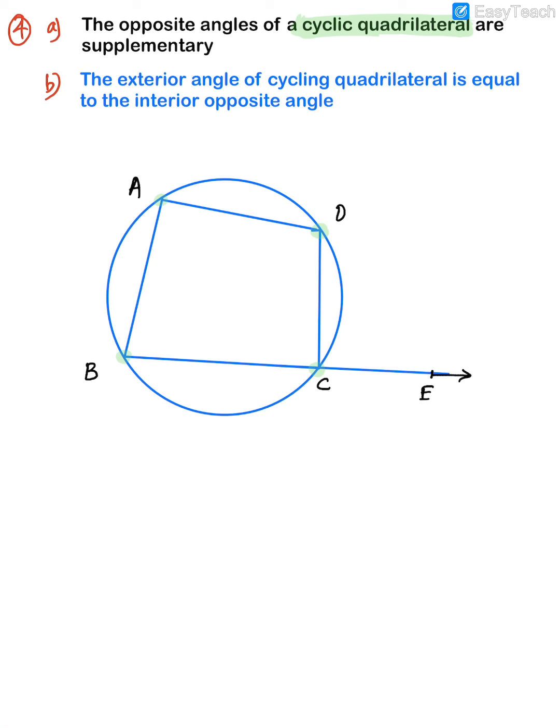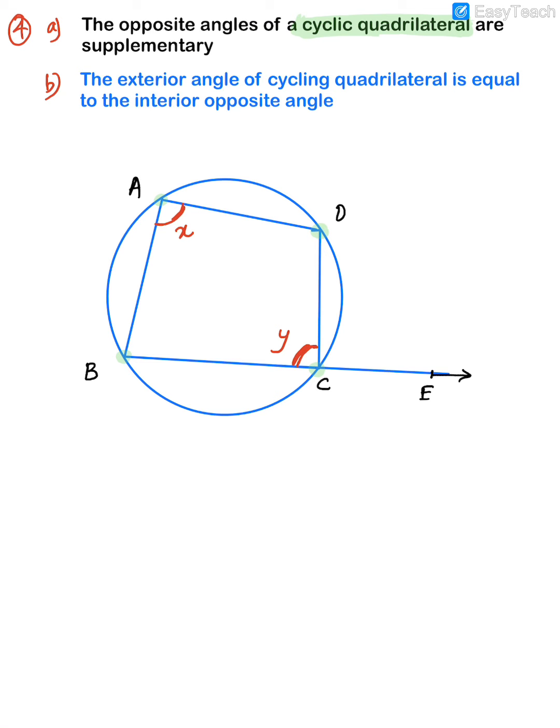Okay. Now what's the property? That opposite angles of a cyclic quadrilateral are supplementary. So I'll tell you what the theorem is now. It states that if I add up this angle, say this angle is X, and the opposite angle is Y, the sum of these two angles will be what? 180 degree.